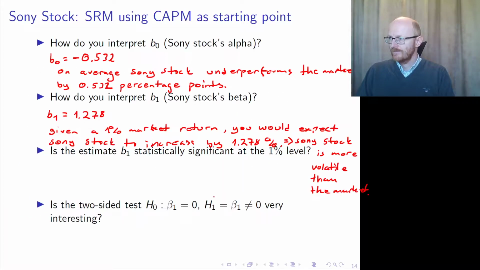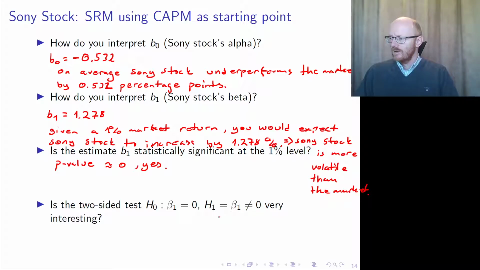So yes, the p value is almost 0. So yes. Okay. Let's see. Is the two-sided test H0: beta 1 equals 0? Okay, so the slope equals 0, and the alternative hypothesis H1: beta 1 is different from 0. The slope is different from 0.